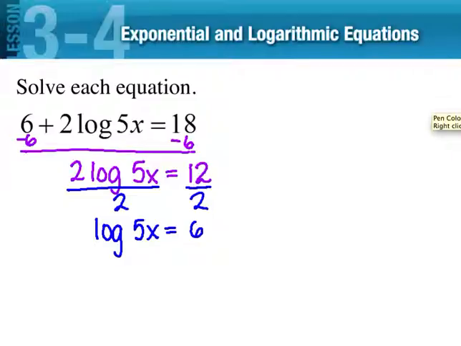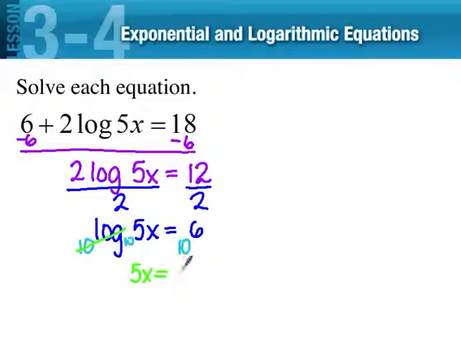Real quick, what number is here, even though it's not written? 10. Remember, that's the common logarithm, log base 10. So on both sides I'm going to place a 10. On the left side, the 10 and the log base 10 cancel, leaving 5x.